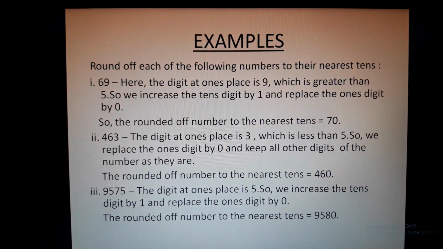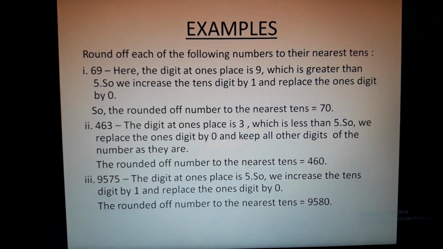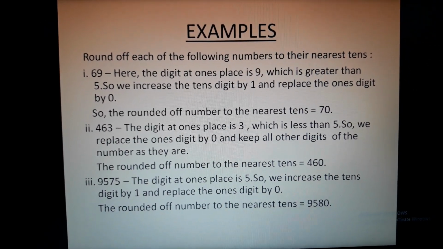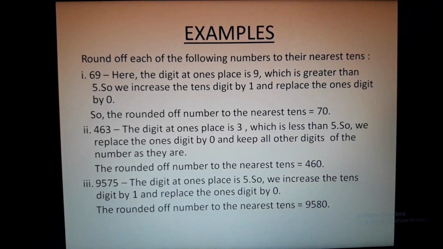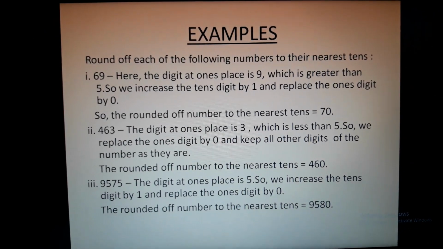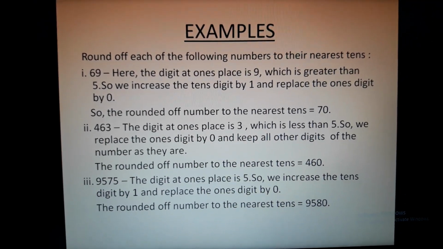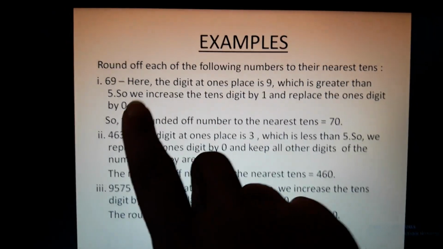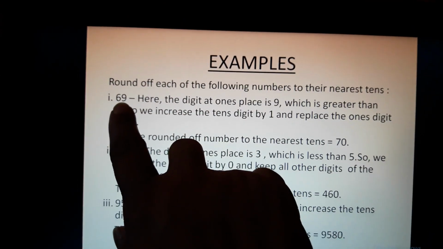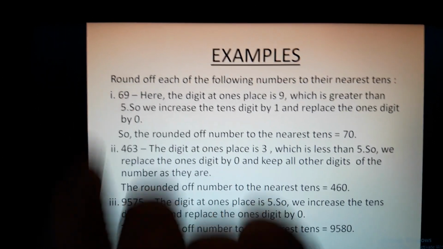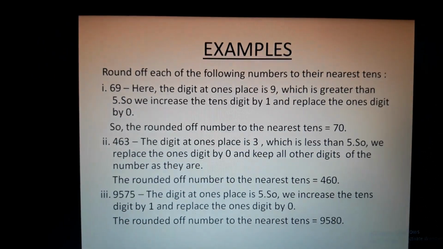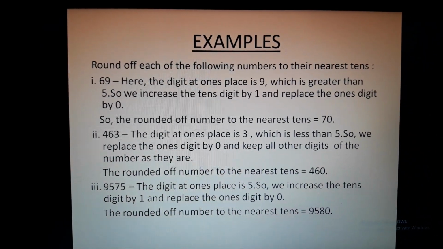Now let us have a look at some examples. Round off each of the following numbers to their nearest tens. In the first example we have 69. Here the digit at the ones place is 9, which is greater than 5. So we have to increase the tens digit by 1.